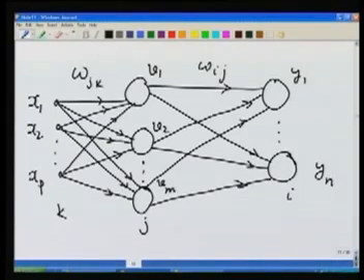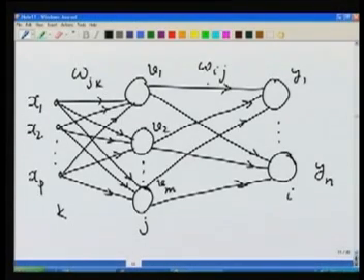So, here we sketch this diagram, again I drew it on the blackboard for clarity, because I would like to derive this whole thing on the blackboard. You have inputs x 1, x 2 up to x p, you have outputs y 1 to y n, so n different computational units, and you have a hidden layer with m hidden neurons whose outputs are V 1, V 2, V m.